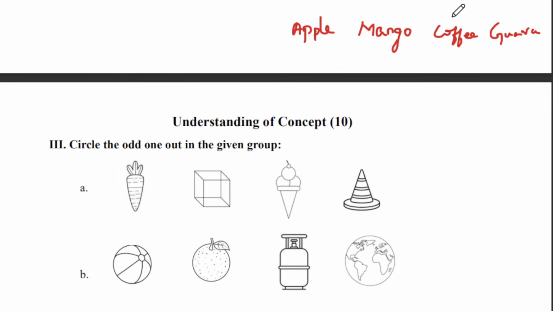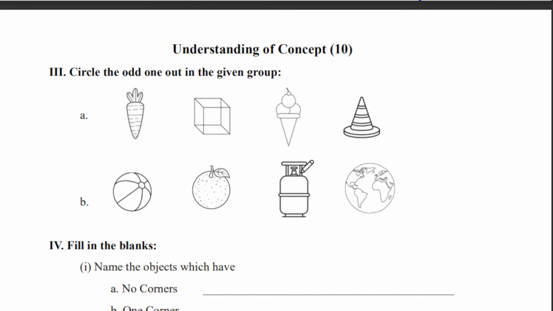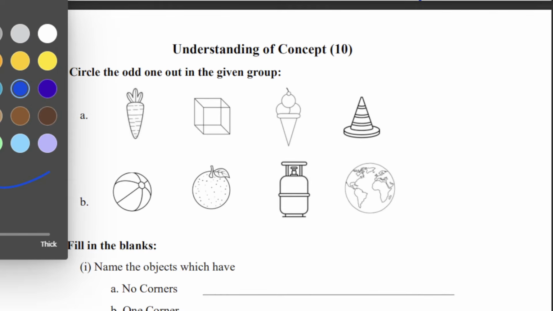We have to strike coffee out, because apple, mango and guava all are fruits, but coffee is a beverage, a drink, it's not a fruit. It's a hot drink, so it will not come in this group. Okay. So like this, we have to strike out the odd one out, or you have to circle the odd one out. Okay. So I'm going to circle this out.